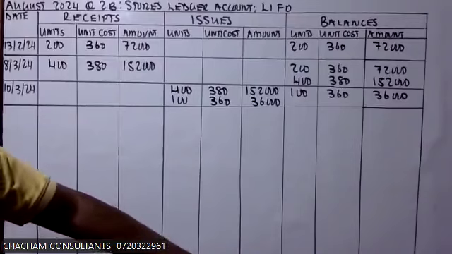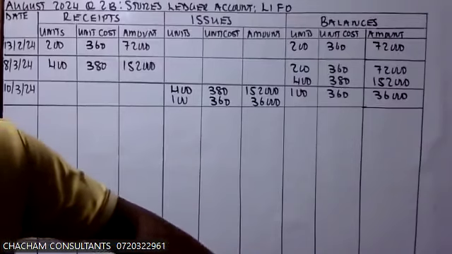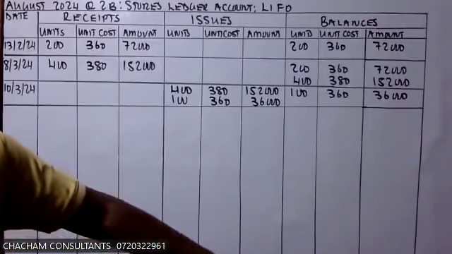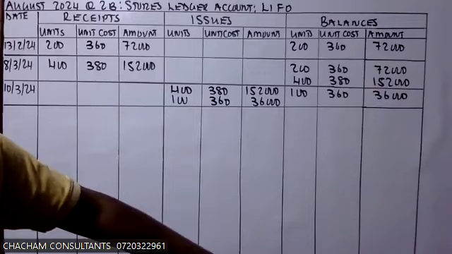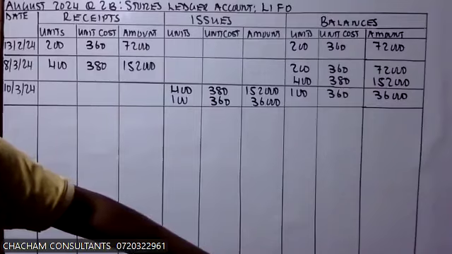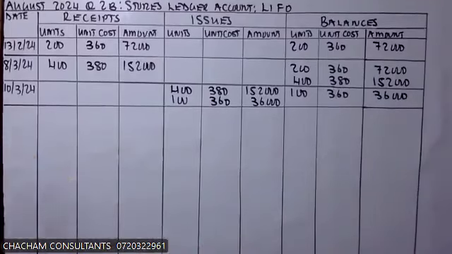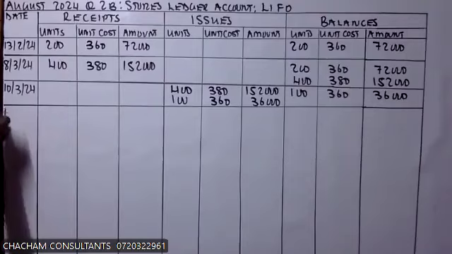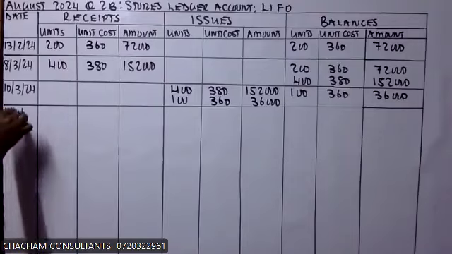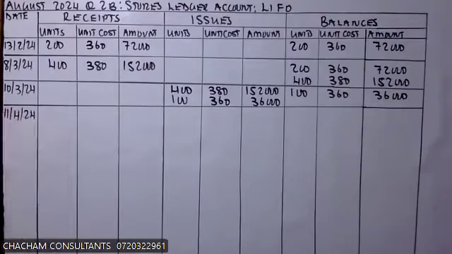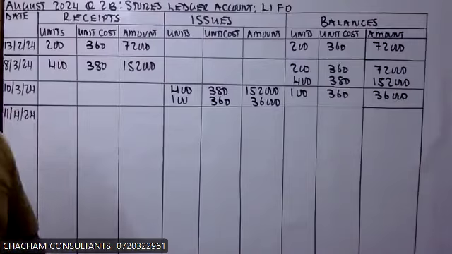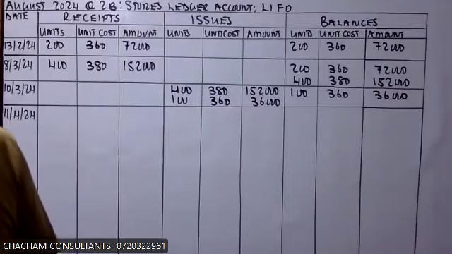So after that 10th, the next transaction is in April 11th. So 11th of April. Now 11th of April, what happened was a purchase of 600.